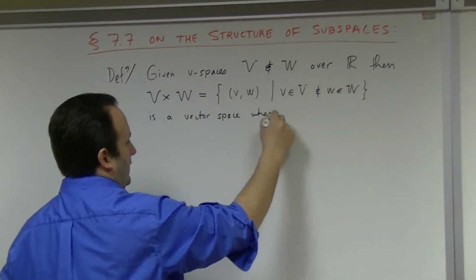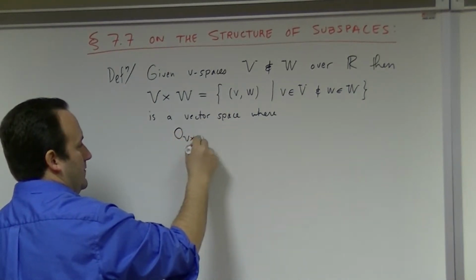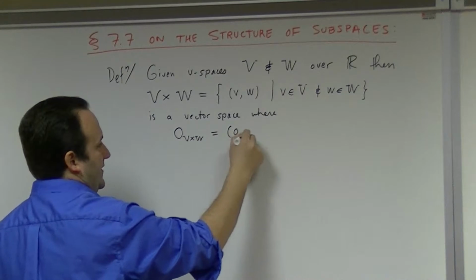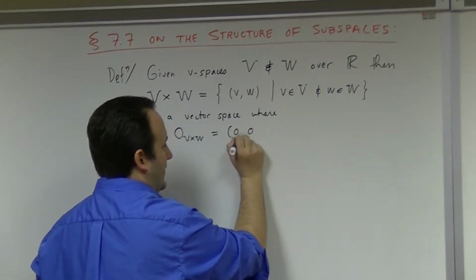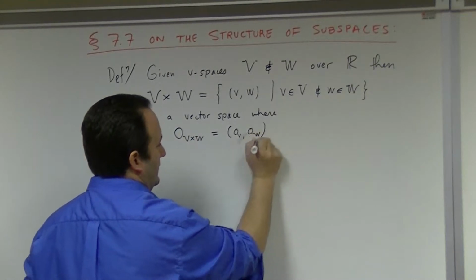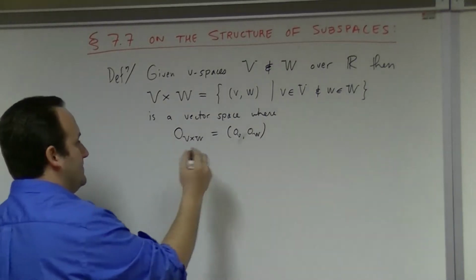where the 0 in V cross W is equal to actually (0, 0). Well, to be more specific, it's the 0 in V paired with the 0 in W. That's the 0 vector in there, all right? And how do you add things and how do you scalar multiply things?